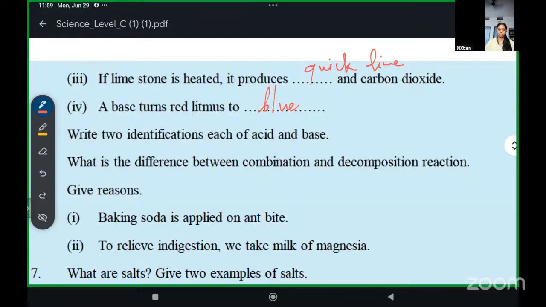Acids react with metals. It is reactive to metals.